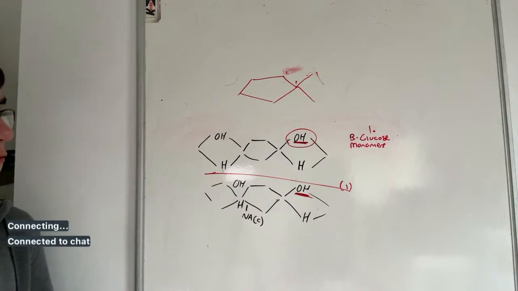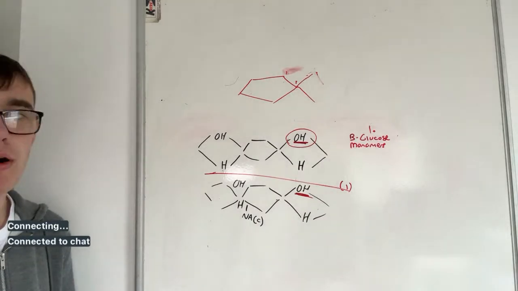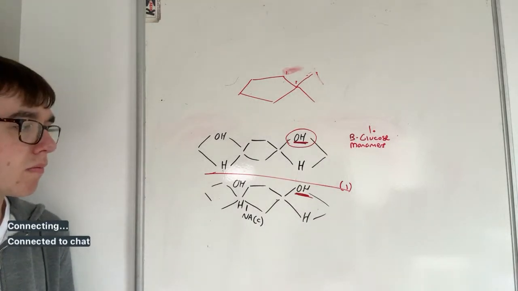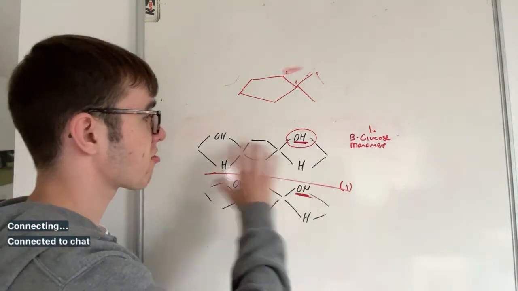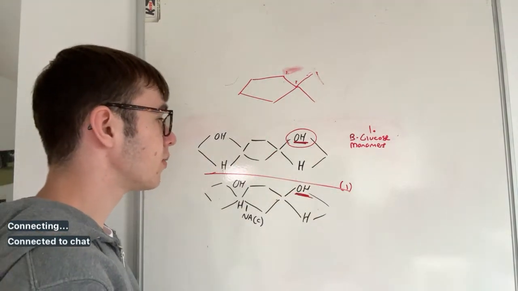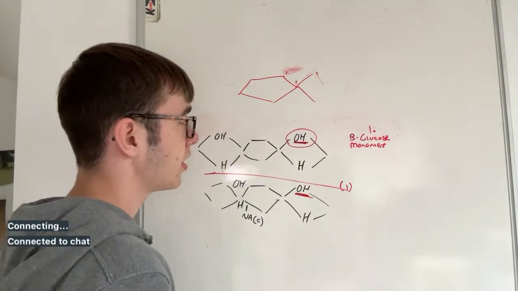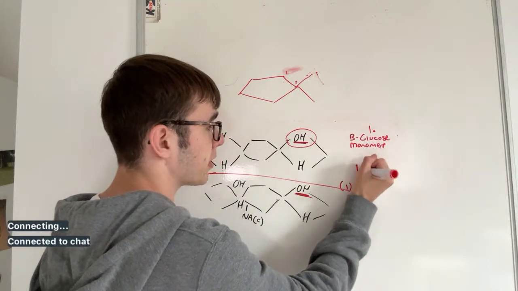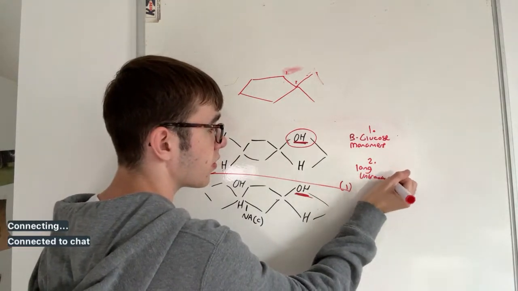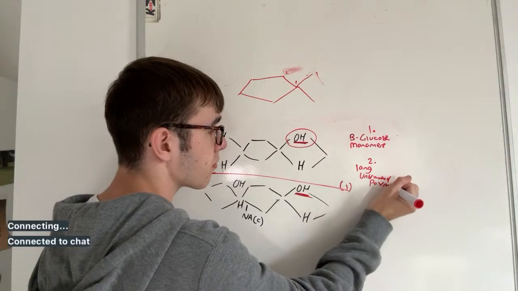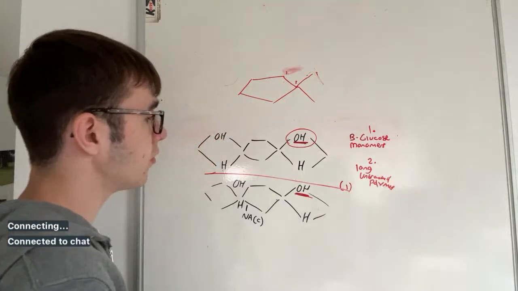You could say that they both form chains, but I don't know if that would work. The structure of cellulose is literally this. They both have an almost identical structure. I guess you could say they both form long, unbranched polymers. I don't know what other differences.